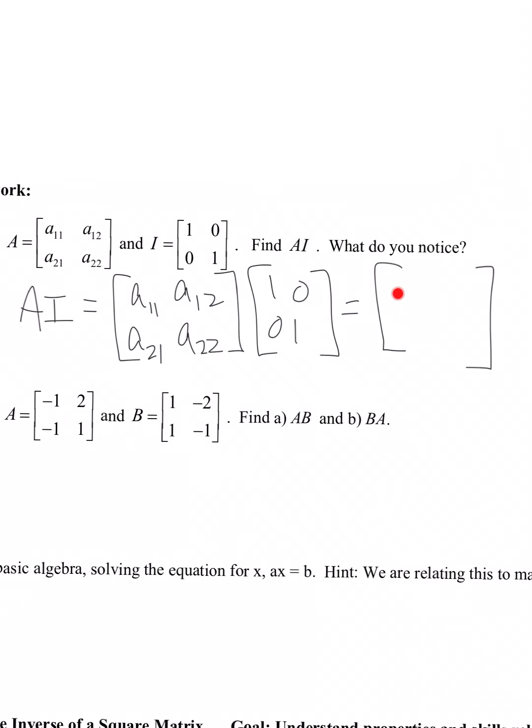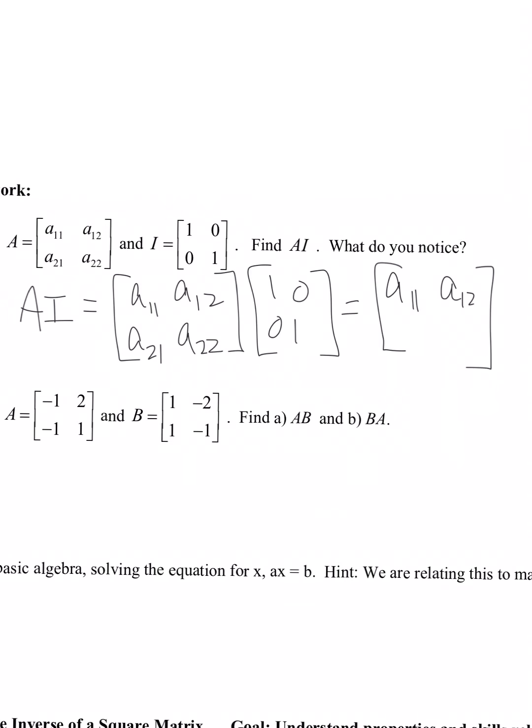So first I'm going to find the A11 term. That would be first row times first column. So that would be A11 times 1 plus A12 times 0, which would just be A11. So that goes there. Now here we have the 1, 2 term. So I'm going to go row 1, column 2. A11 times 0 plus A12 times 1 will give us A12.